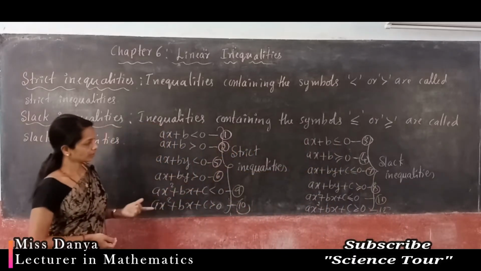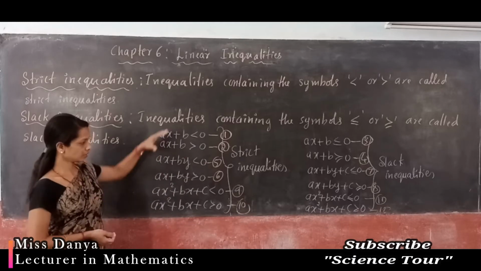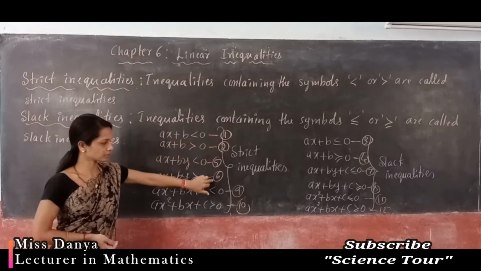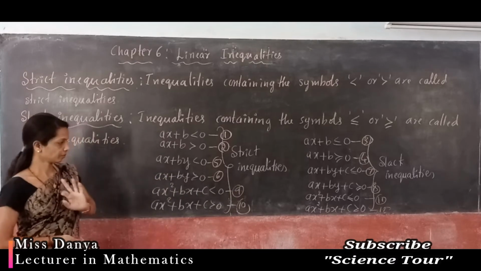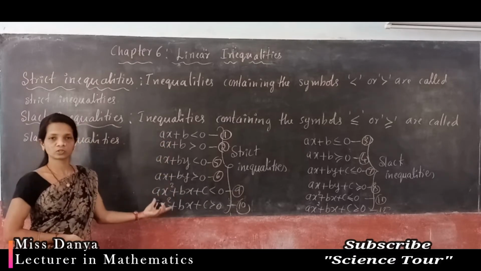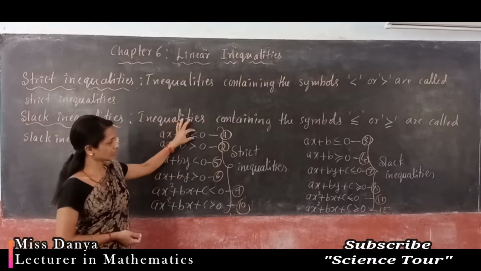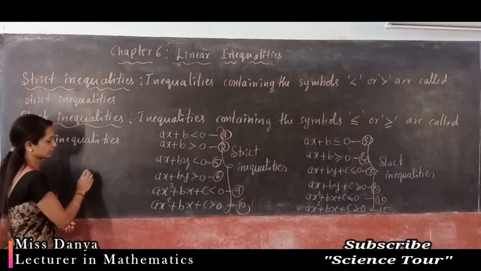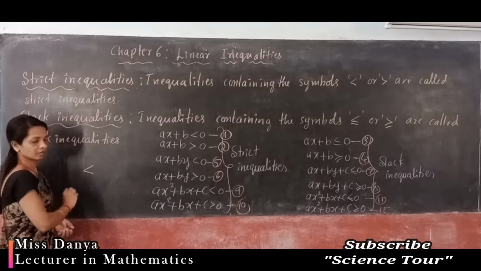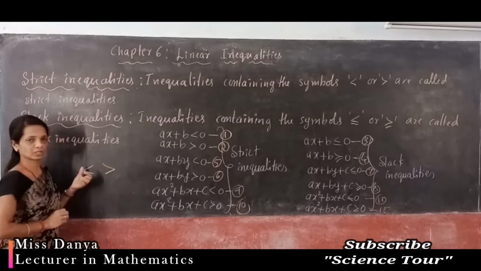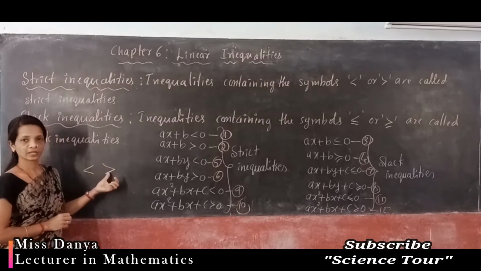In those inequalities, see, inequalities 1, 2, 5, 6, 9 and 10 are called strict inequalities. Why are they strict inequalities? Because strict symbols are there in those inequalities. Strict symbols are the strictly less than symbol and the strictly greater than symbol.